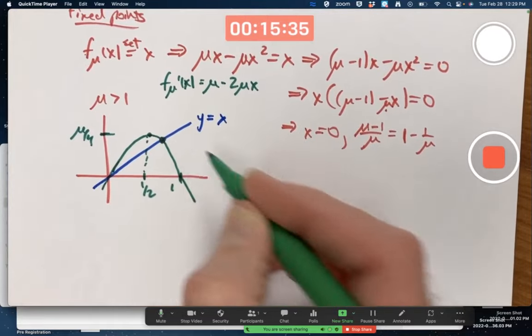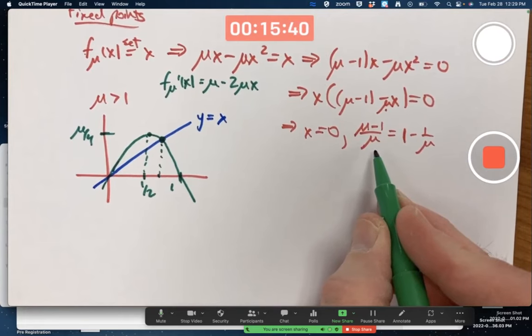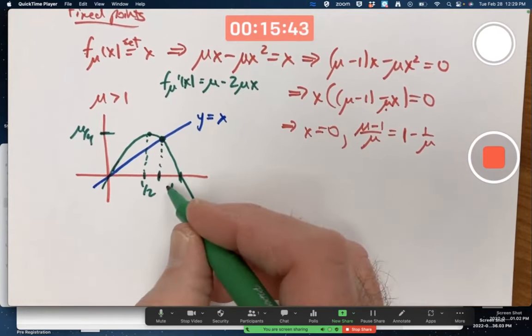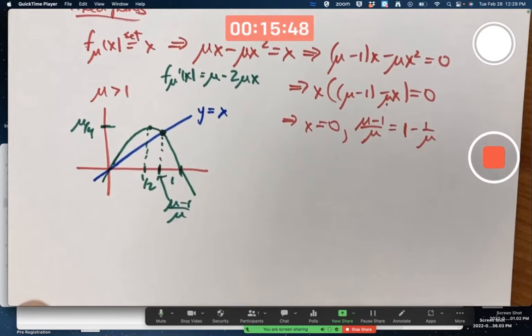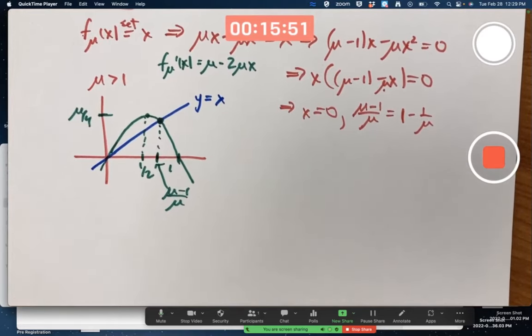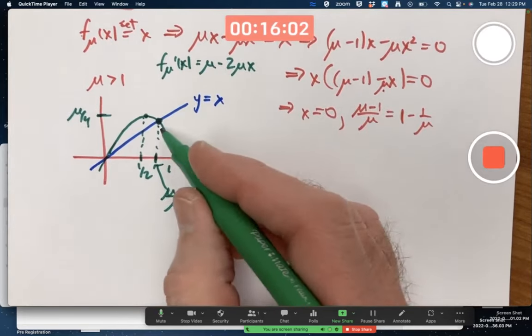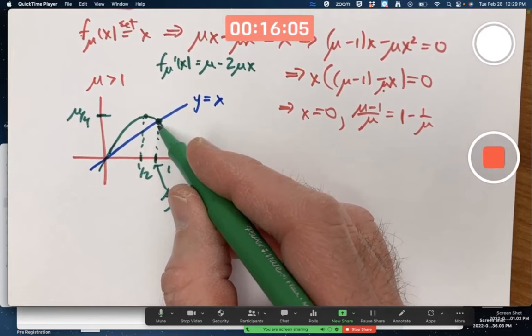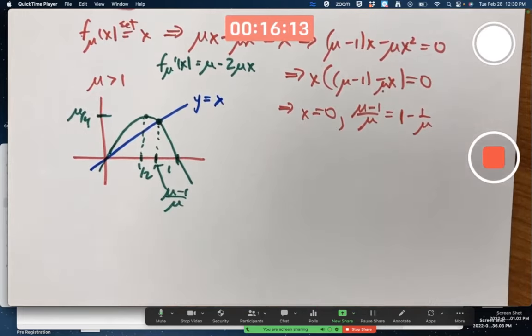So that's the basic picture. This point right here has coordinates equal to mu minus 1 over mu for both x and y. I'll just label it on the x-axis there. That is mu minus 1 over mu right there. We know, based on what I told you, it's not an official theorem in the book, that the stability of this point, whether it's attracting or repelling, depends on the derivative of f at the fixed point, whether it's between -1 and 1 or not.